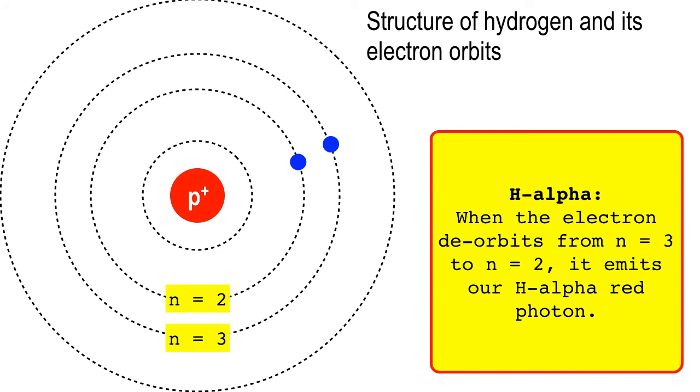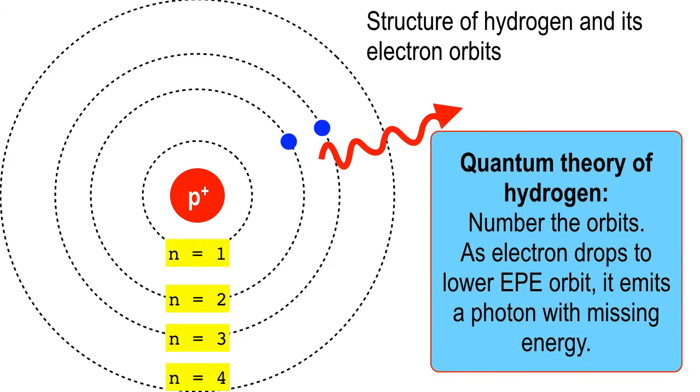So when an electron dips down to a lower orbit, the change in the electrical potential energy, that missing energy, goes into the H alpha photon, and that goes zapping out somewhere else in the universe. So you number the orbits, and as the electron drops to lower EPE, it emits a photon with the missing energy.